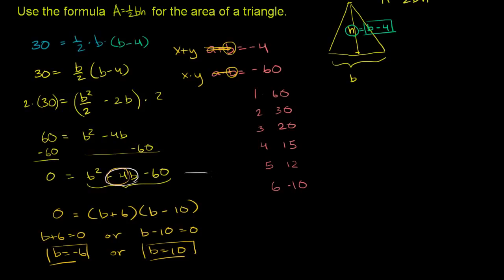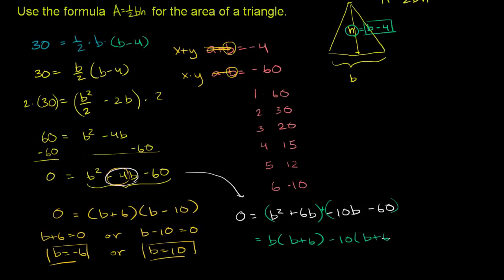So you could have broken this up into 0 is equal to b squared plus 6b minus 10b minus 60, and then factor it by grouping. Group these first two terms, group these second two terms, and you're going to add them together. The first one you can factor out a b, so you have b times b plus 6. The second one you can factor out a -10, so minus 10 times b plus 6.